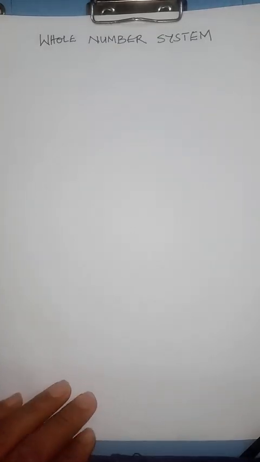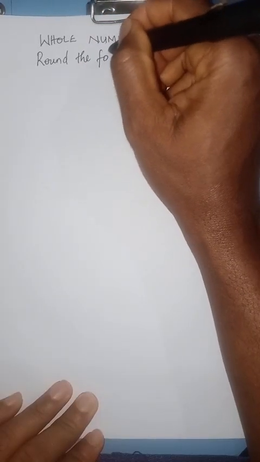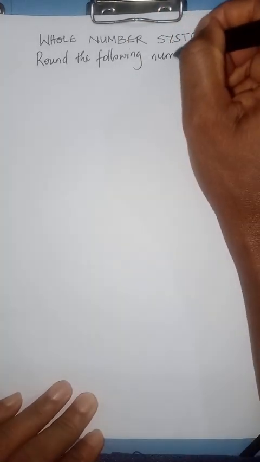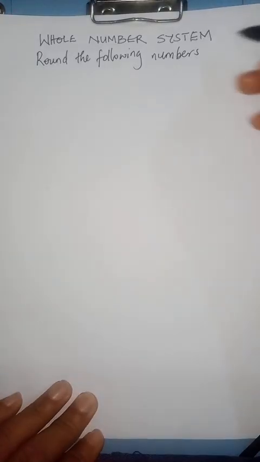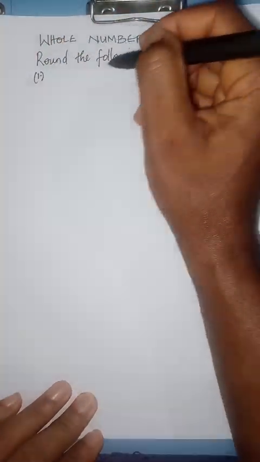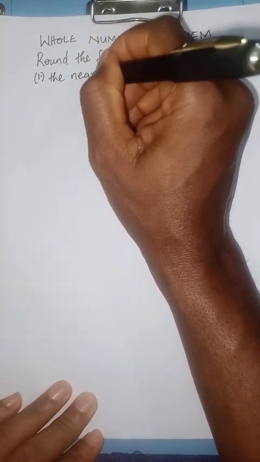So let's get started. Let's start with when we have a question that asks us to round numbers. Round the following numbers to, let's start with 1, the nearest tens.